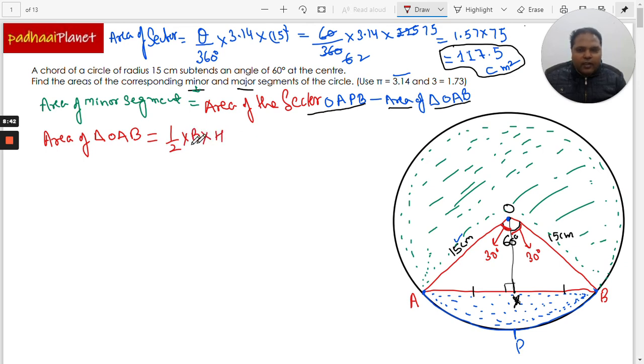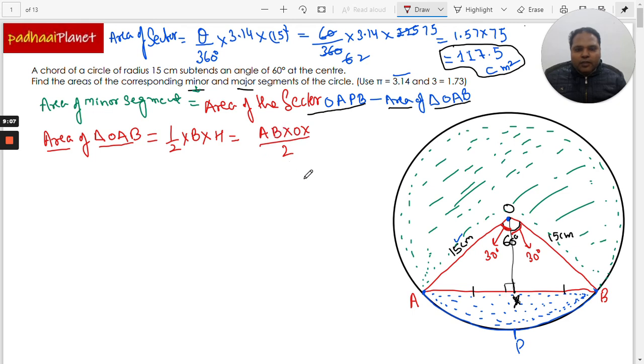The base is AB and the height is OX, so AB multiplied by OX divided by 2. So we need to find the values of AB and OX, and we can then easily find the area of the triangle OAB.